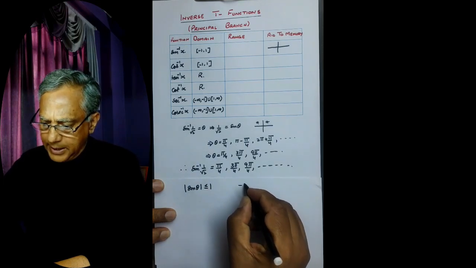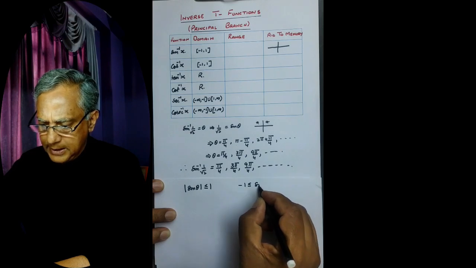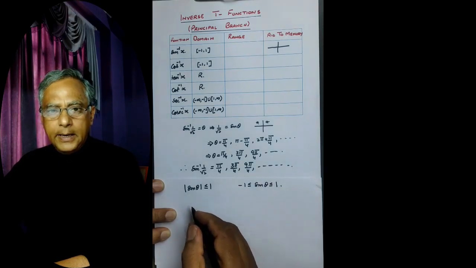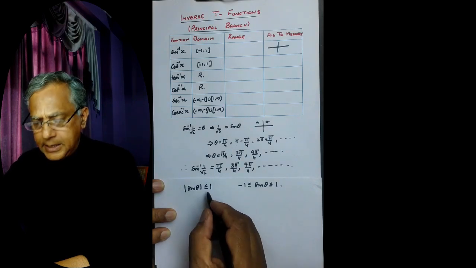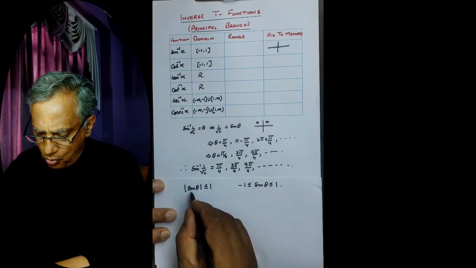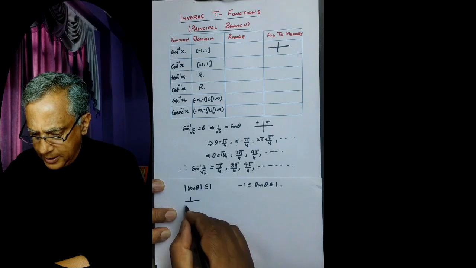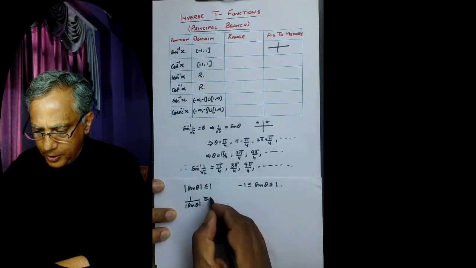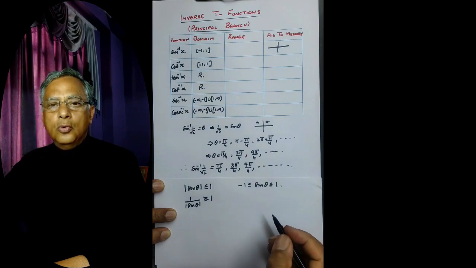That is, values of sine theta lie between minus 1 and 1, so minus 1 is less than or equal to sine theta is less than or equal to 1. And therefore, cosecant is the reciprocal of this. So the values of 1 upon mod sine theta will always be greater than or equal to 1.